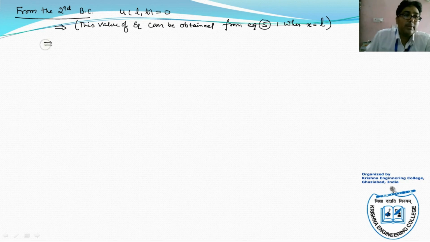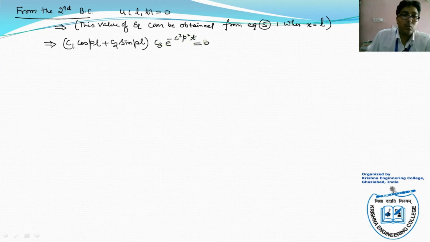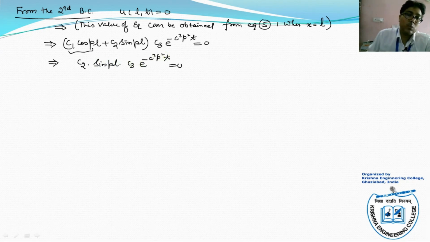We get C1 cos PL plus C2 sin PL, clear? And C3 e to the power minus C square P square T is equal to 0. But C1 is equal to 0, so this term is equal to 0. So we get C2 into sin PL into C3 e to the power minus C square P square T is equal to 0.